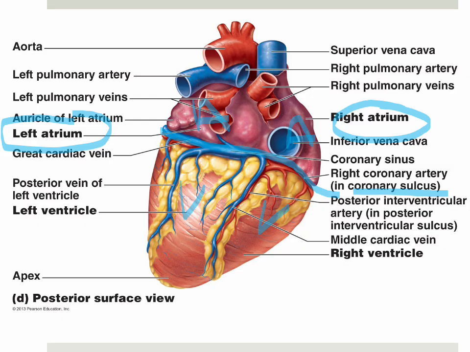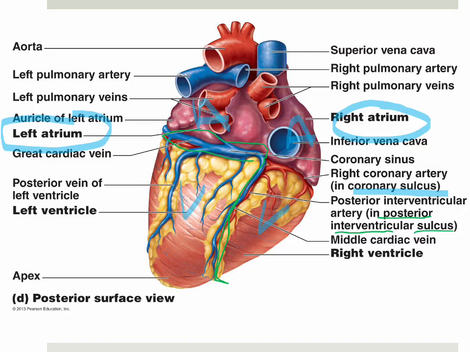In that sulcus, we're going to find the coronary sinus, which is basically a vein that is going to collect the deoxygenated blood. Okay? Going perpendicular or vertical, we are going to see the posterior interventricular sulcus, because it's from behind.